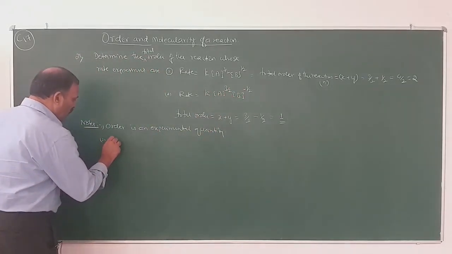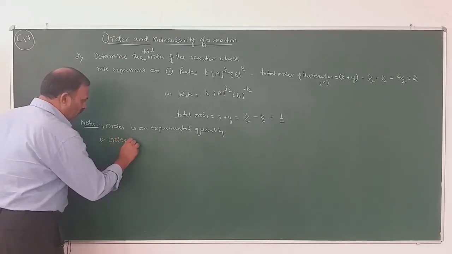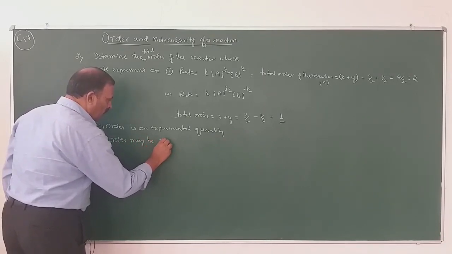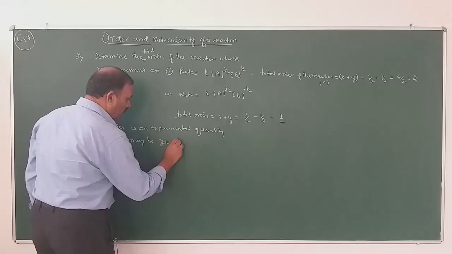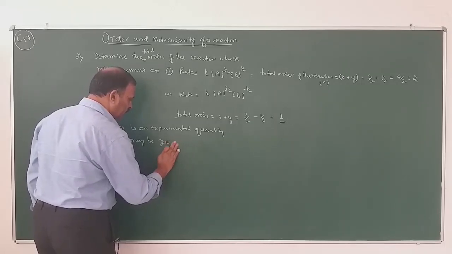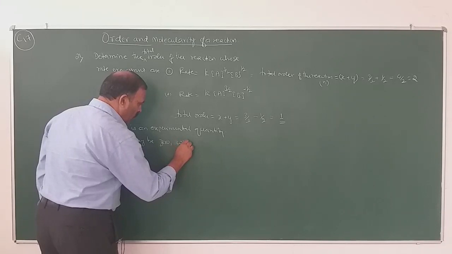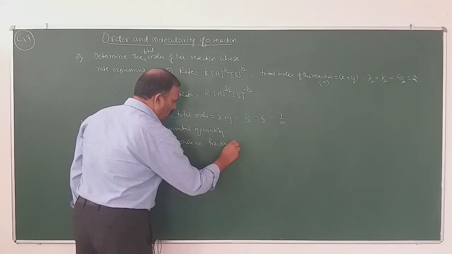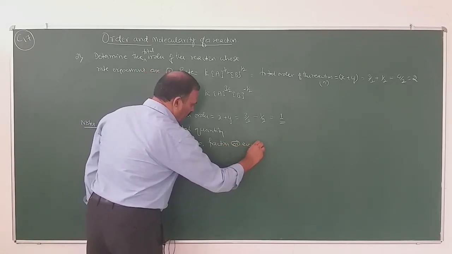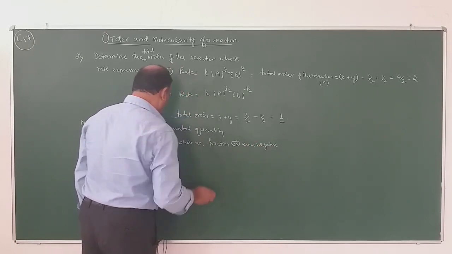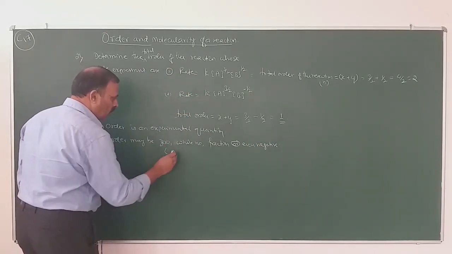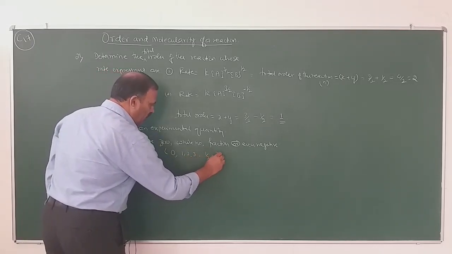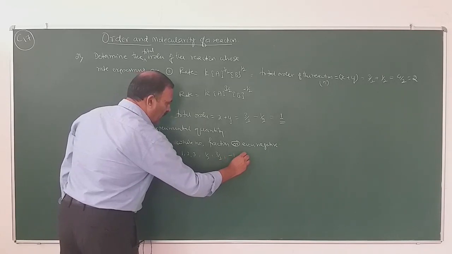Number 2, order of a reaction may be 0, whole number, fraction, or even negative. Order of reaction may be 0, whole number like 1, 2, 3, etc., fraction like half, 3 by 2, etc., or even negative.